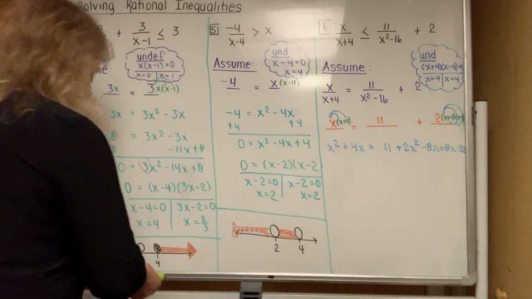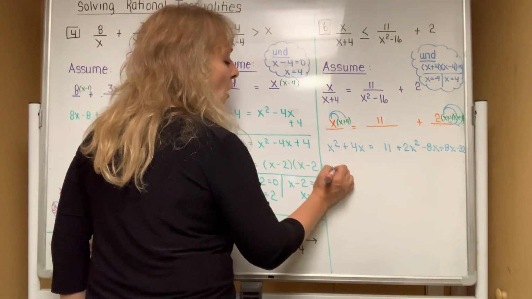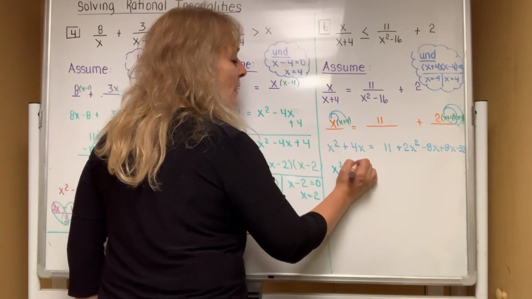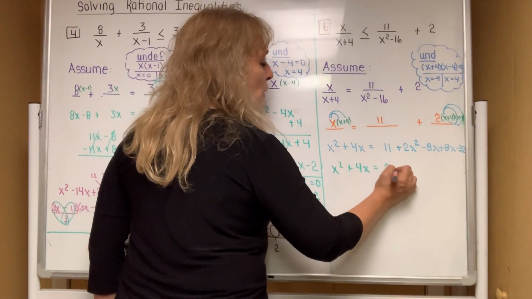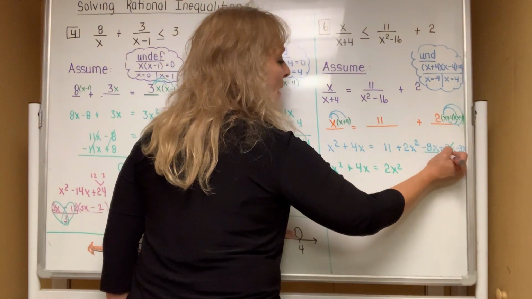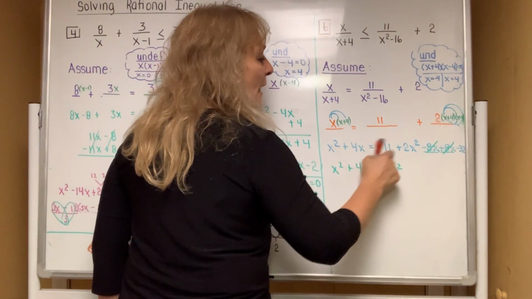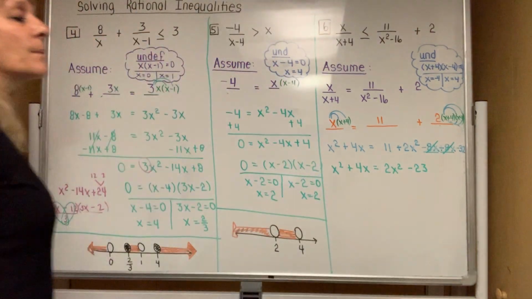I'm going to first combine like terms and then move on from there. But there are no like terms on the left-hand side. The right-hand side, I'll start with the 2x squared, but a negative 8x and a positive 8x cancel out. And 11 minus 32 is negative 23.